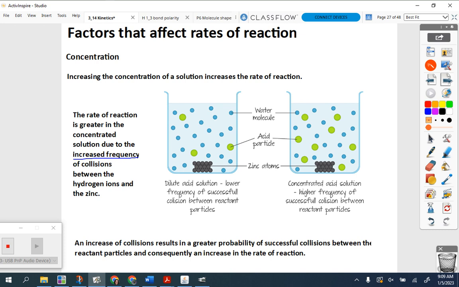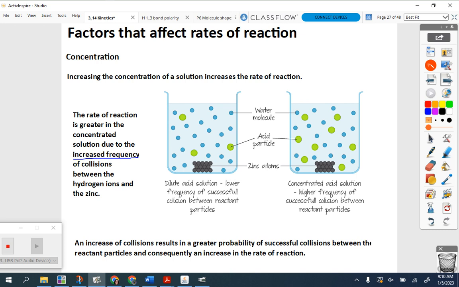Something I keep forgetting to talk about, I'm going to have to remember to talk about this tomorrow to first period, is that, and I haven't seen it come up much in question bank questions, but when you're thinking about this, realize that it's the concentration of the limiting reactant that's really going to matter.